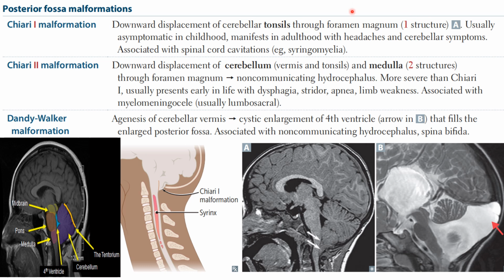The symptoms are dysmetria and ataxia, nystagmus, intention tremors, and speech problems, like scanning speech. Hypotonia is going to be there.